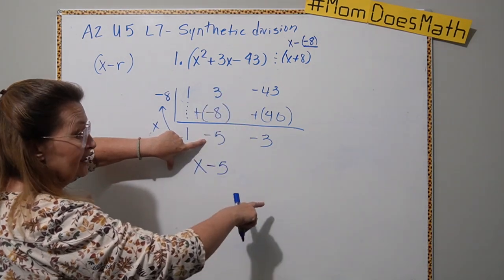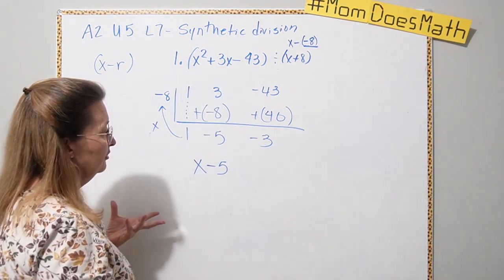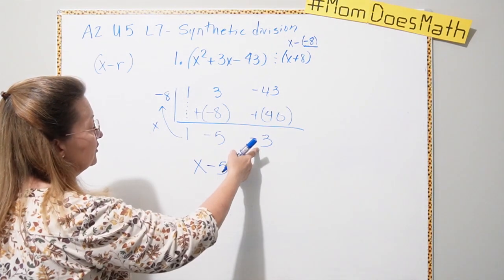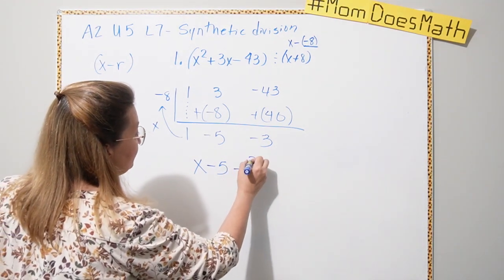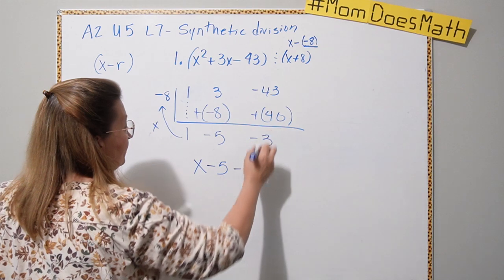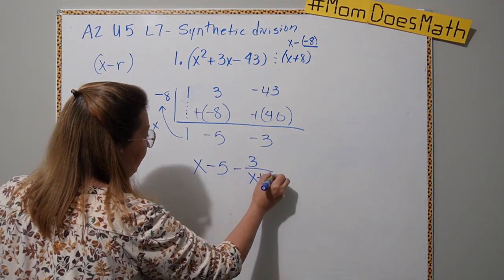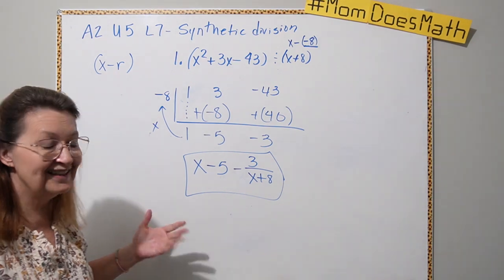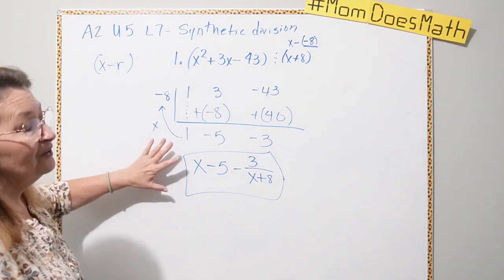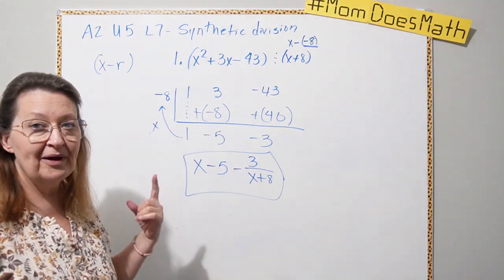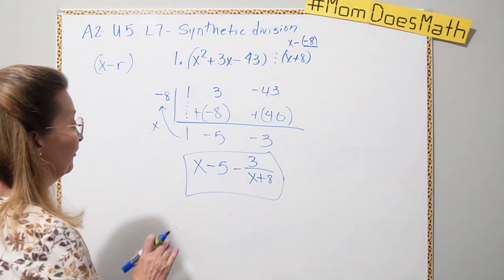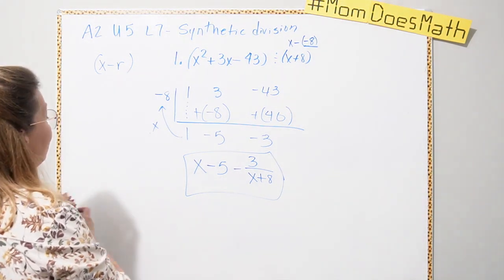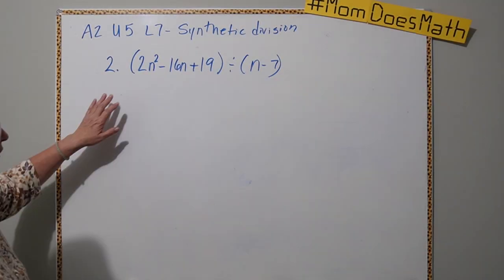You're going to decrease just like we did in polynomial long division. So here is my remainder. It's going to be -3 over, go back to your original, and that is all there is to polynomial long division. So I know that went really quick. Let's get another problem, and I promise if you just hang with me for a few problems, it will all start to make sense. Okay, let's look at number 2.